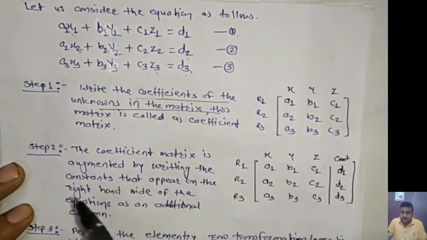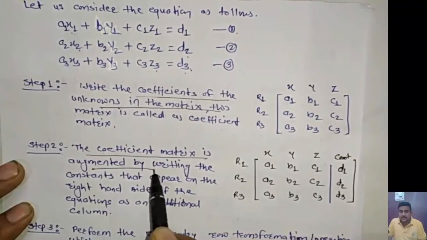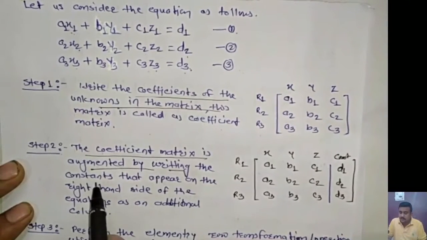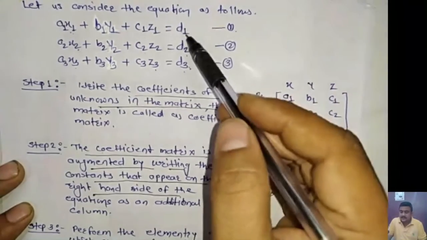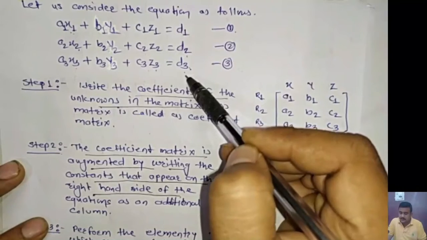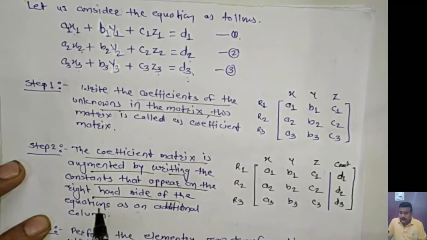Now step 2 is that the coefficient matrix is augmented by writing the constants that appear on the right hand side, that is d1, d2, d3, as an additional column.